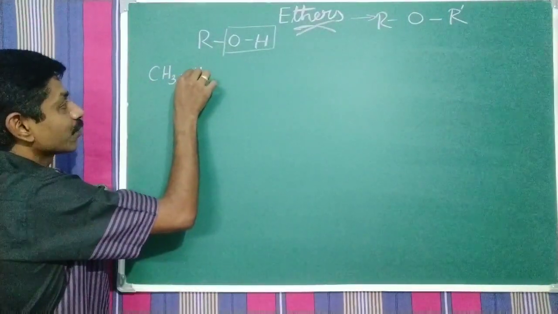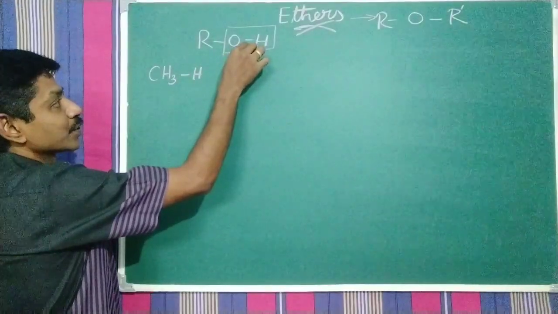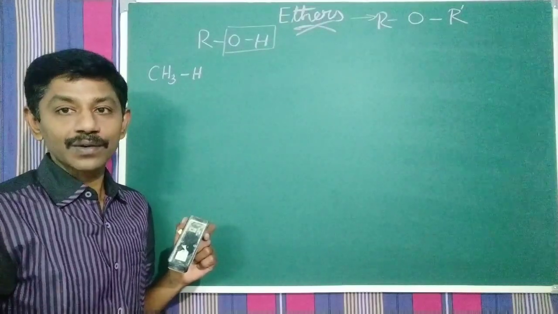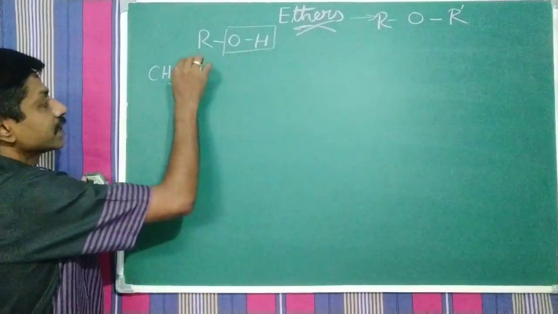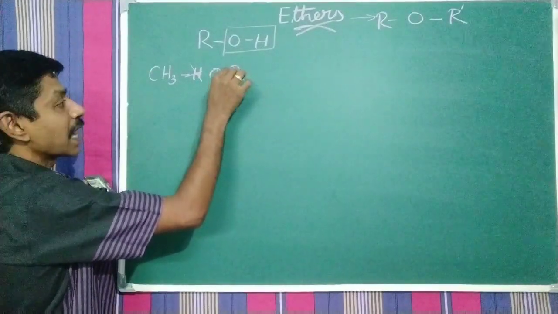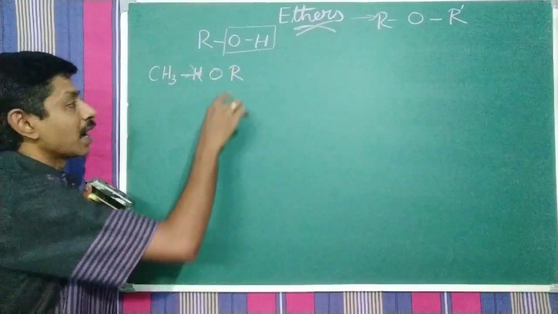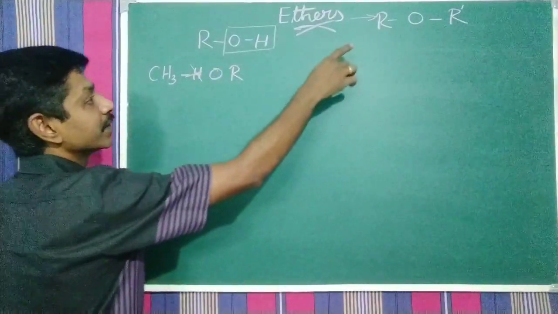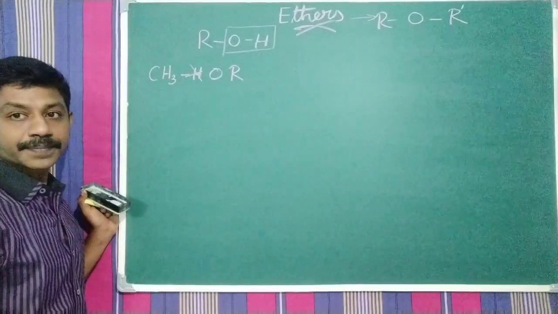So in the place of one hydrogen, if you go for an OH group, then we call the class of compounds hydroxy compounds or alcohols. Instead, if we go for an OR group, that is the alkoxy group, alkyl group plus oxy group called alkoxy group, then we will get ethers.